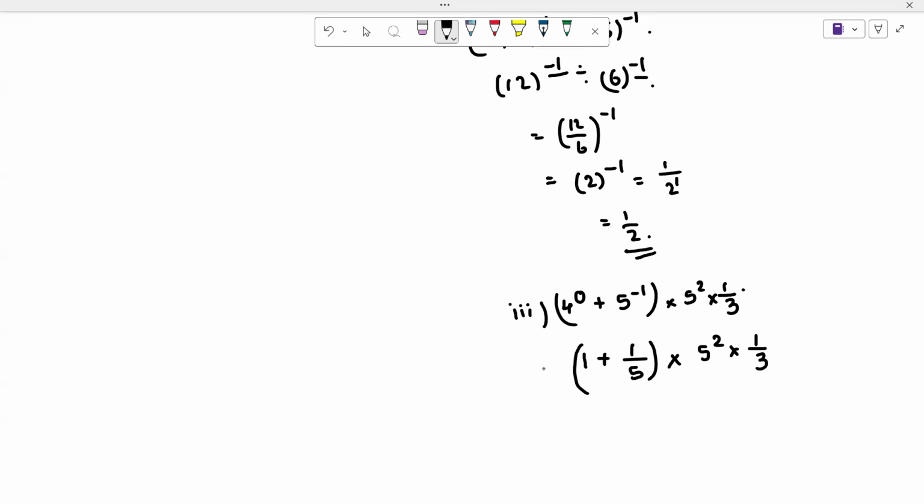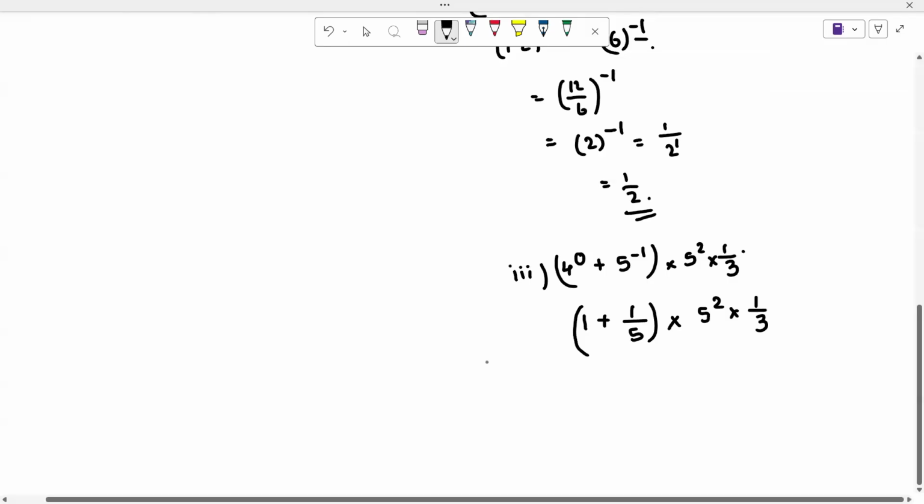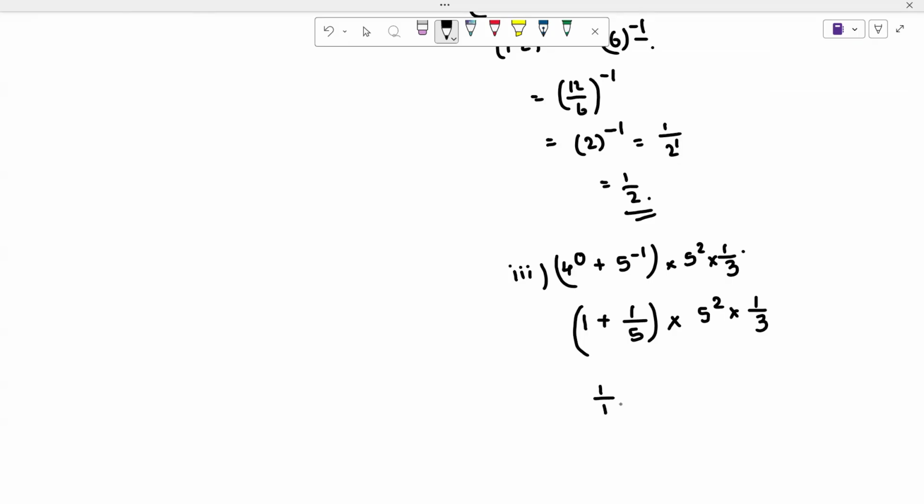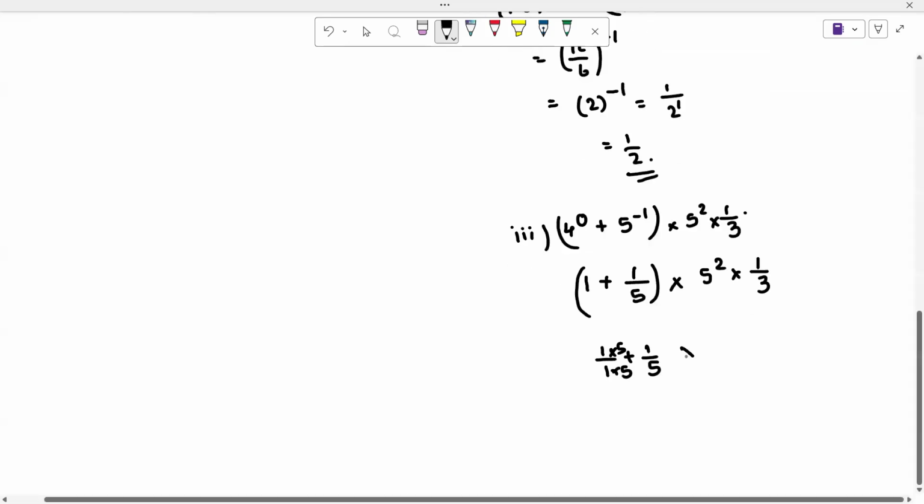So next we need to add these fractions. Here we will have 1 by 1 plus 1 by 5. We'll take the LCM as 5, and this will give us 6 by 5.